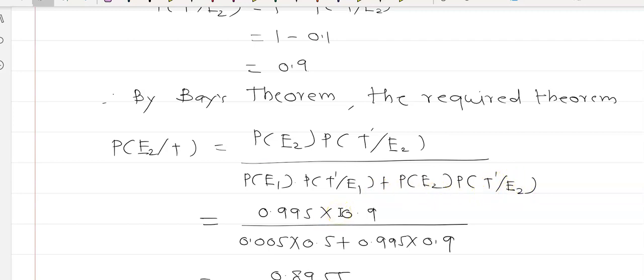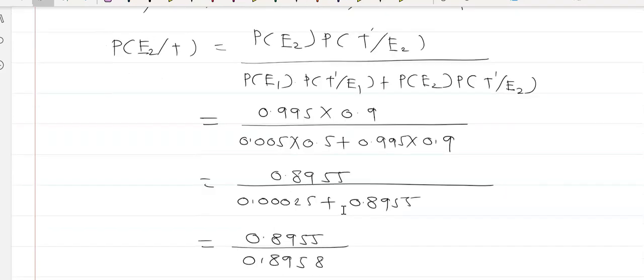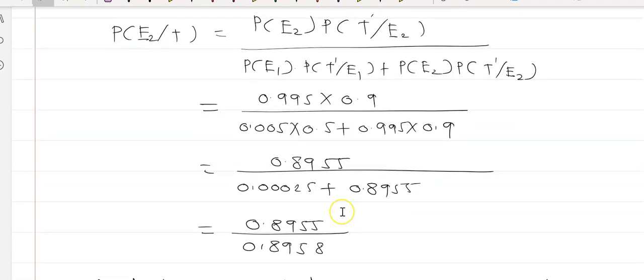Substitute the values and then you will get the required probability. The problem is tough. You have to read it a number of times, then you can understand what type of consideration is there.